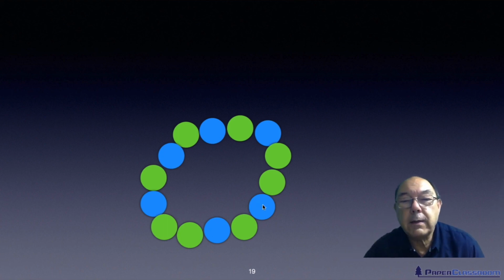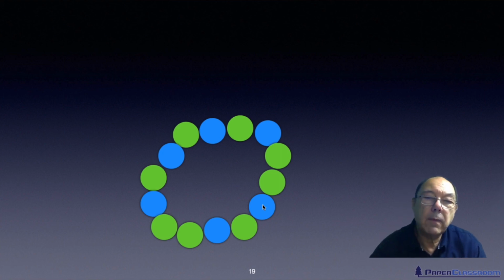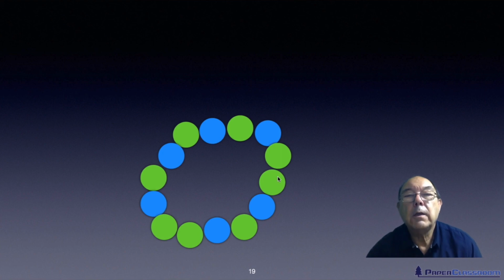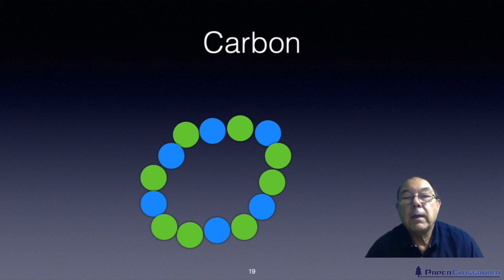So we've just said carbon has 6 protons. Therefore, this nucleus must be a carbon atom because it has 6 protons. But it has 8 neutrons. So its atomic mass is not 12 like we saw with the previous carbon. It's 14.